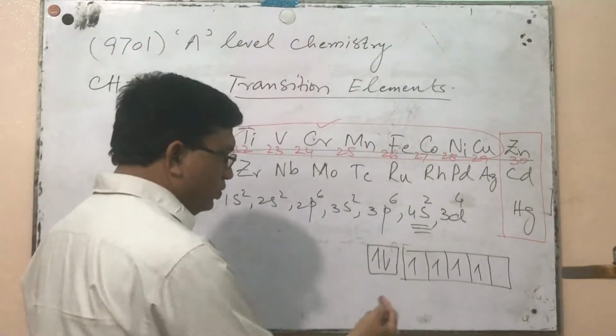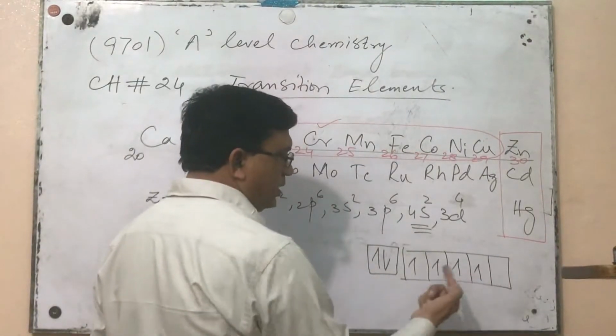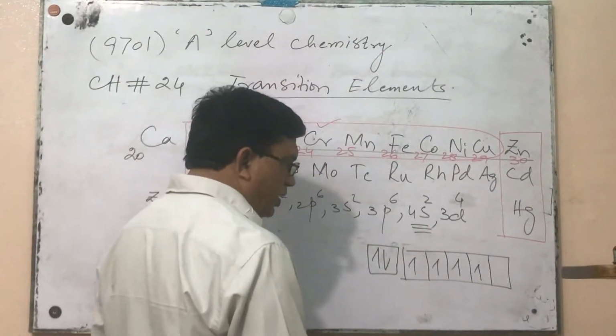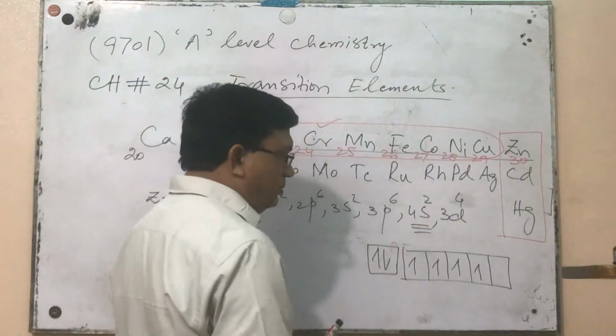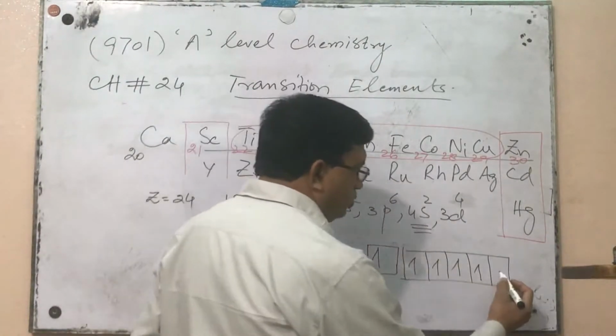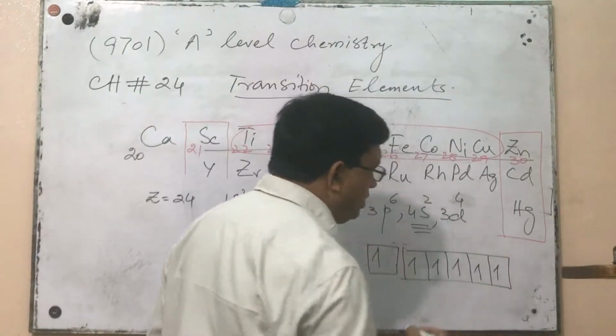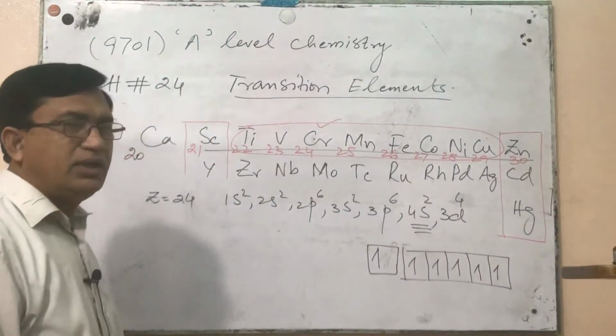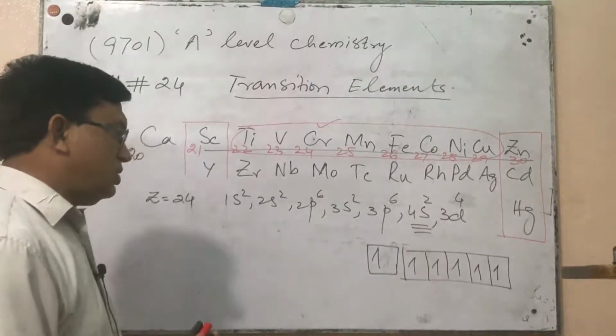Now, as only one electron is short of the stability of this d orbital, to make this d orbital maximally stable, one electron will shift from 4s to this 3d orbital. And both of these will become exactly half-filled, which will enhance their stability.